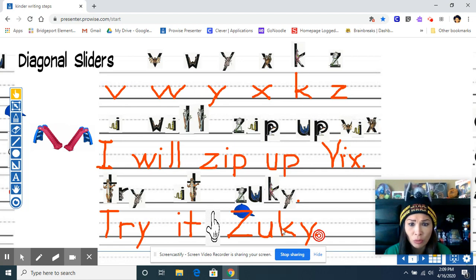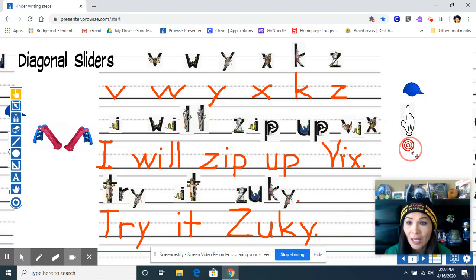Try it, Zuki, period. It's cool, huh? Capital, space, and a period at the end. When you have all that, your sentence is correct and is easy to read. Try it, Zuki, period. I will zip up Vicks, period. Awesome.